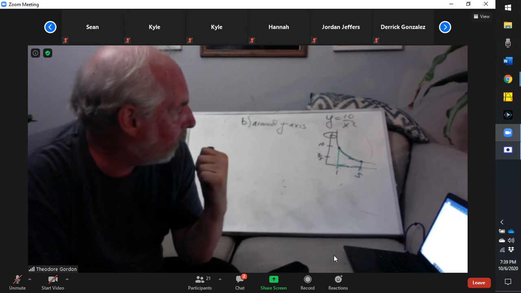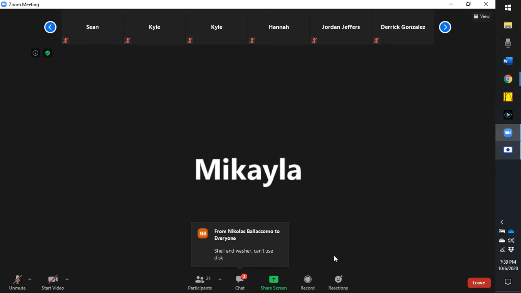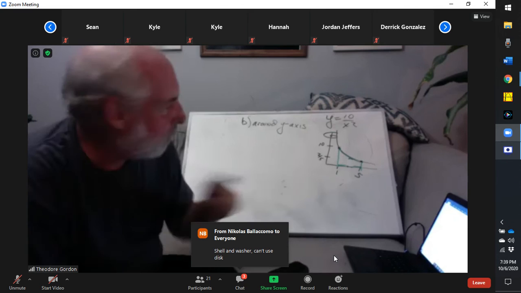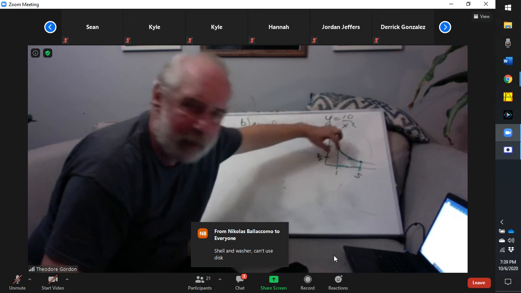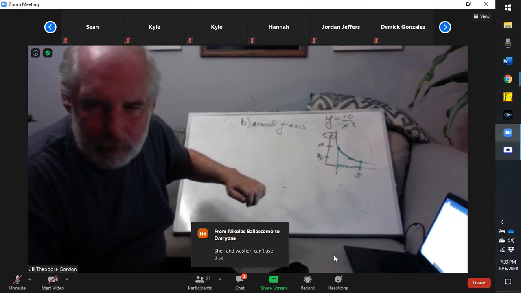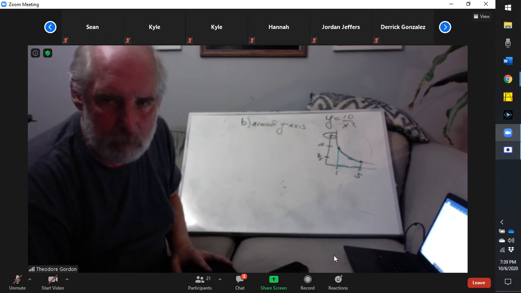What method can't we use? Disk. That's right, we can't use disk because there's a gap. We're spinning the y-axis and we've got empty space there, so disk is out. We can use washer and we can use shell.